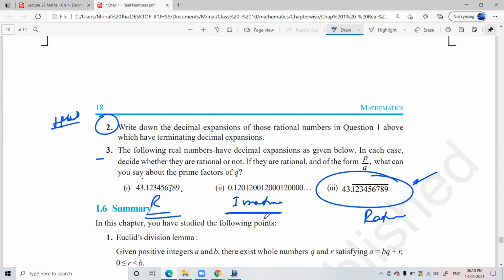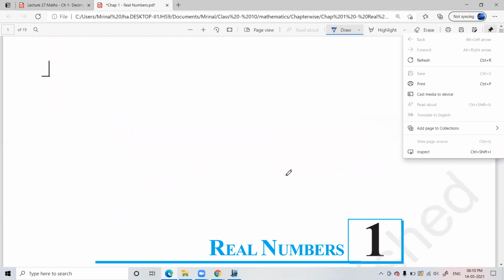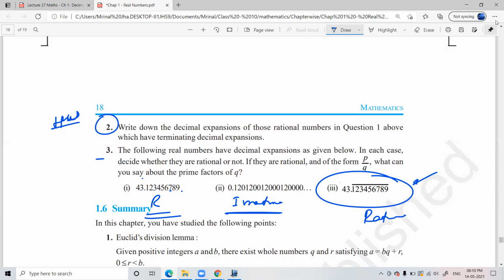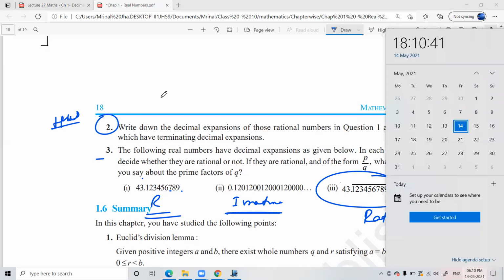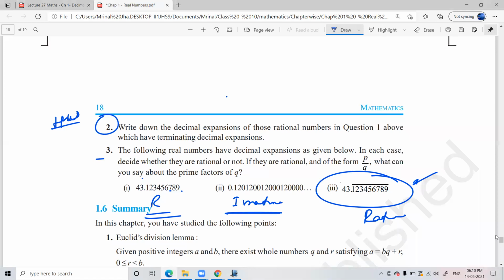Okay, so that's it then. We are done with this chapter. In your next class, which will be on Monday, over this weekend, you will go through this whole chapter and try to revise everything.